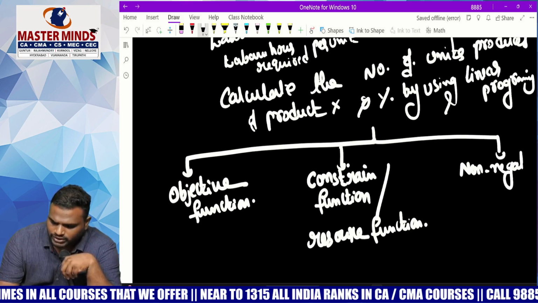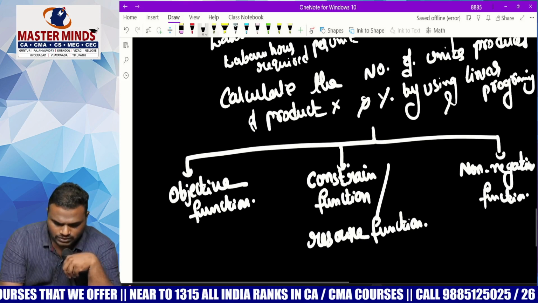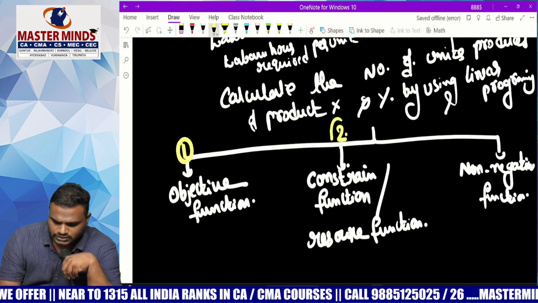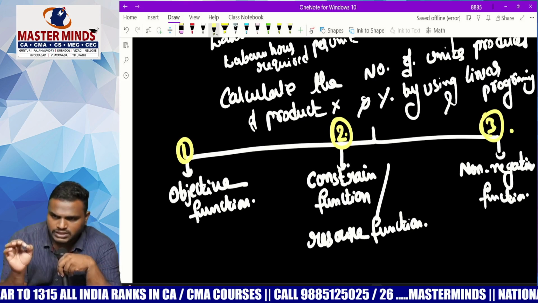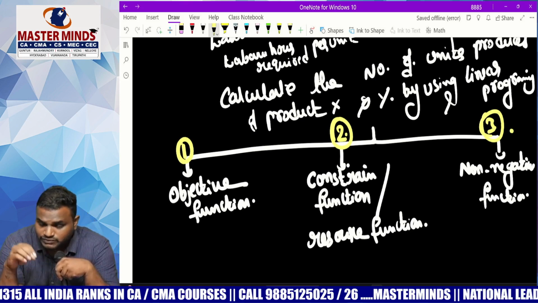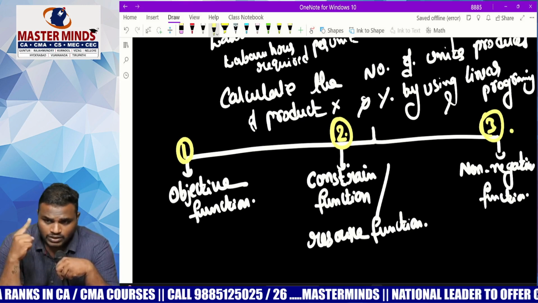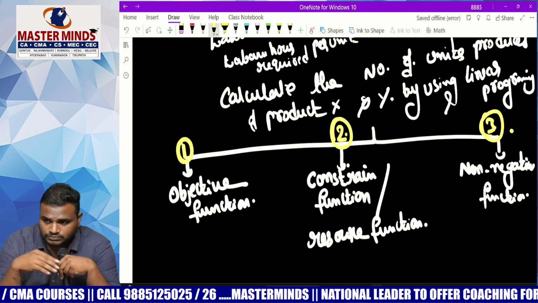We call it the non-negativity function. In each and every problem, we have to specify these 3 sets of equations. First is the objective function, second the constraint function, third the non-negativity function.